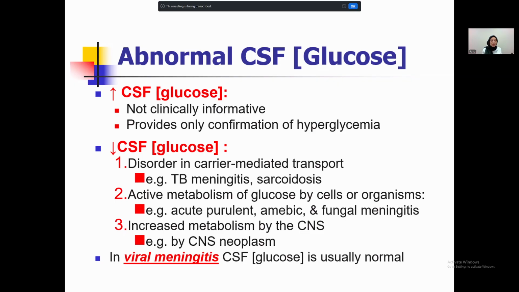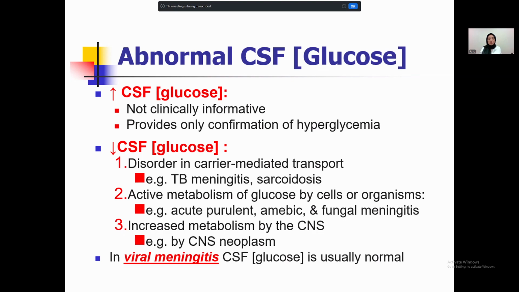Let's summarize again why we have low glucose concentration in CSF: either due to carrier-mediated transport disorders like in TB meningitis, or increased consumption of glucose by organisms like in bacterial, amoebic, or fungal meningitis, or increased catabolism and consumption of glucose by the CNS cells themselves due to CNS tumor.